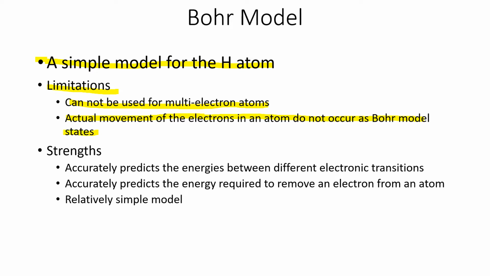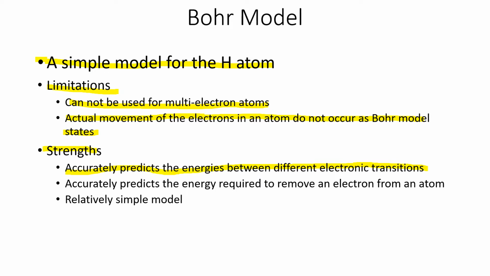There are some strengths of the Bohr model, and that's generally what we focus on when we portray it, because the things it does well and correctly, it does really well in a very simple and straightforward way. So it accurately predicts the energies between two different electronic transitions. We're going to do a sample problem that shows that later.